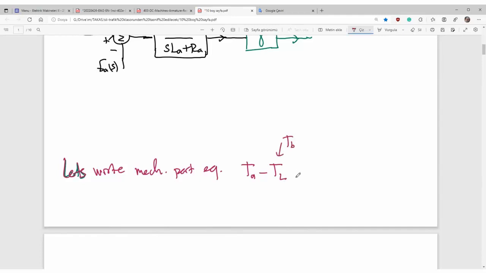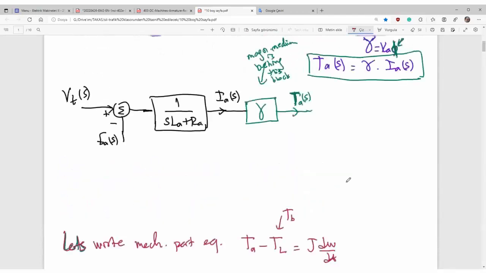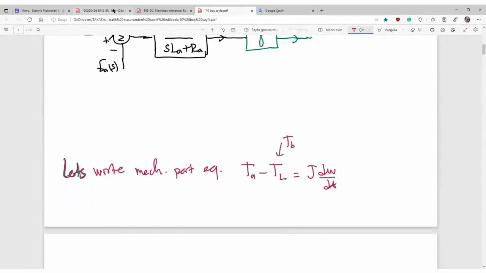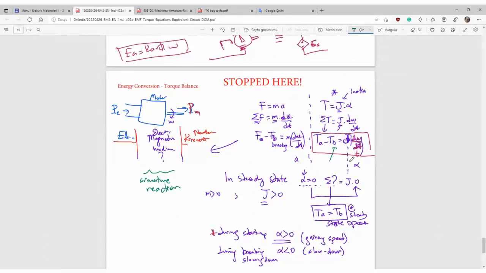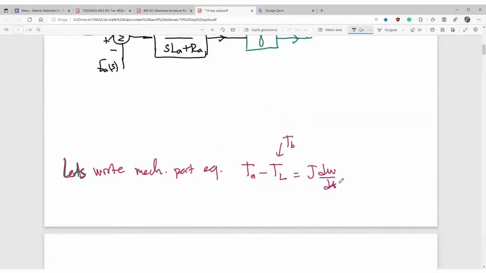And then it is equal to J times dω over dt. That was the simple equation when there is no viscous friction. In case there is friction, here would be B times ω. That is the viscous friction coefficient.